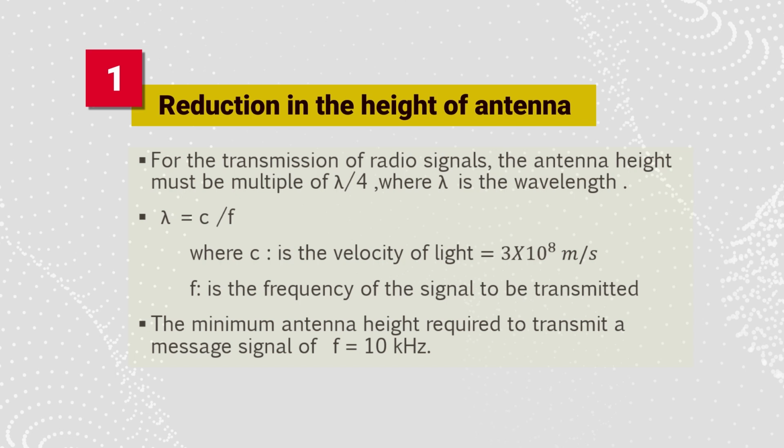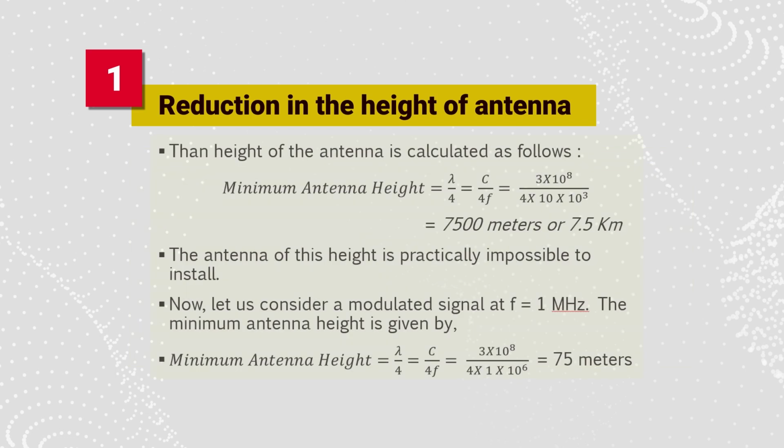Consider the minimum antenna height required to transmit a message signal of frequency 10 kHz. The height of the antenna should be lambda by 4, which is equal to c upon 4f.